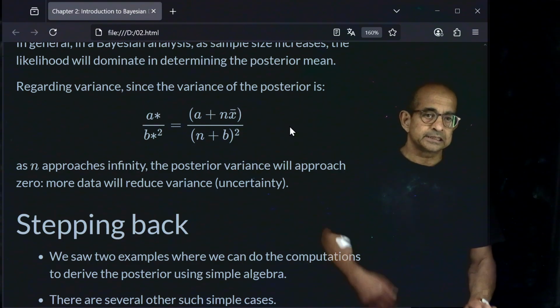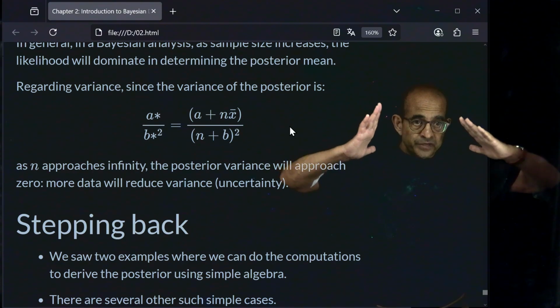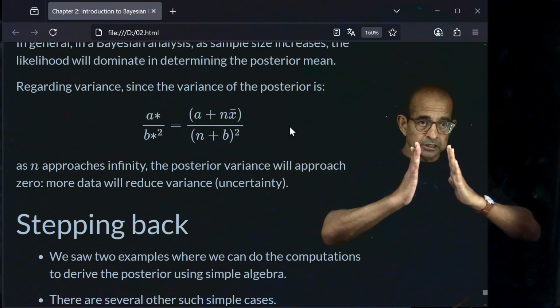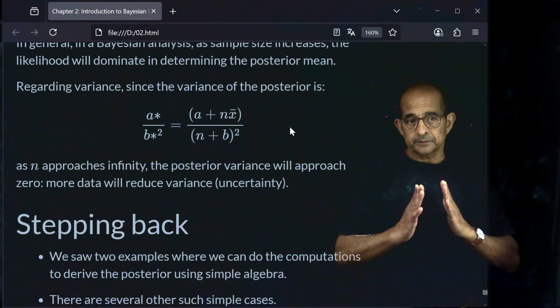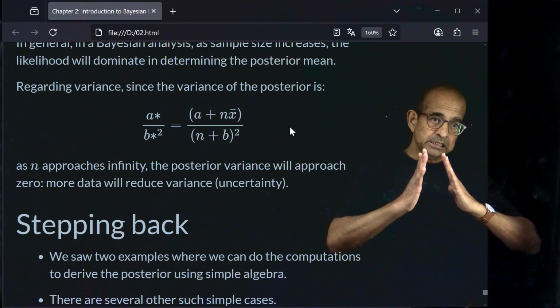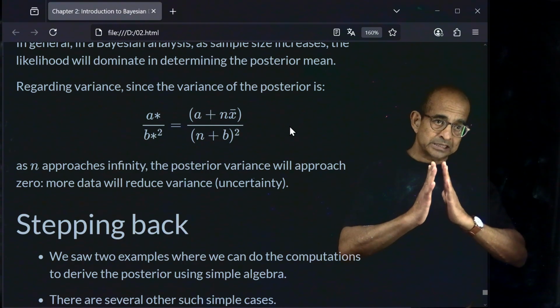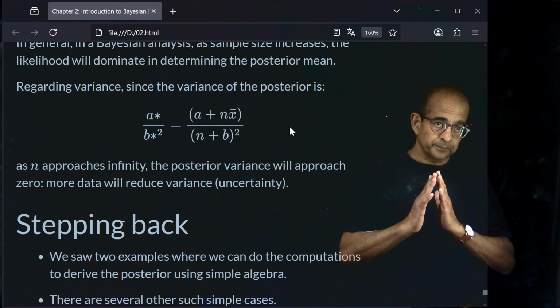What you'll notice is that as n goes to infinity, the variance of the posterior will get smaller and smaller. That is a very important insight, right? Because it tells us that as our sample size increases, we are going to get more and more precise estimates of the parameter of interest, in this case lambda, right?